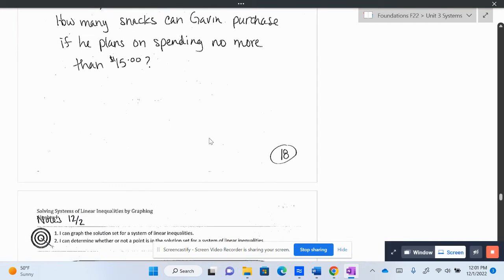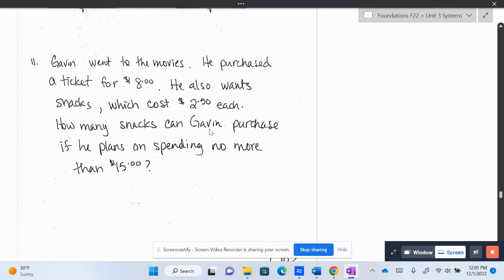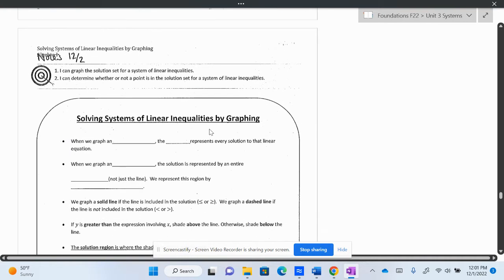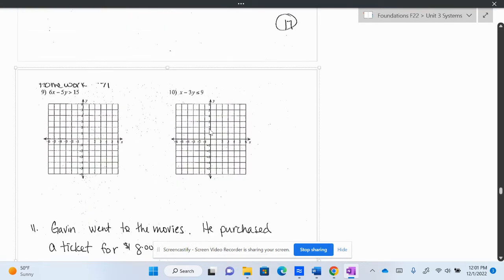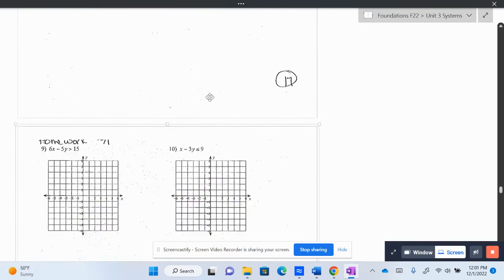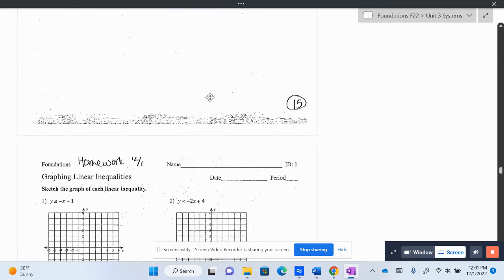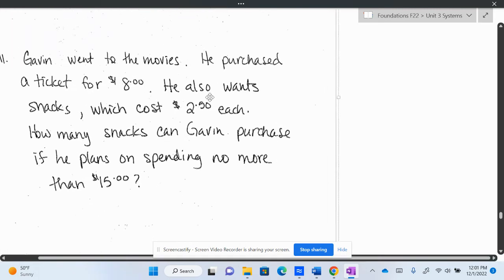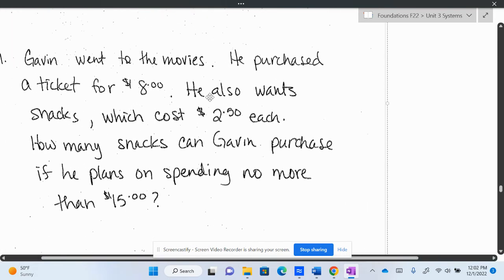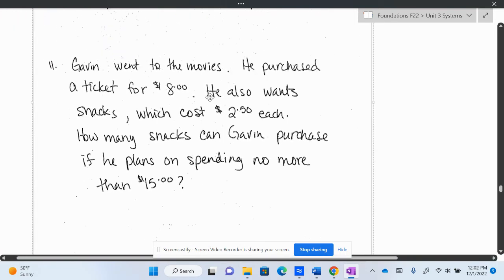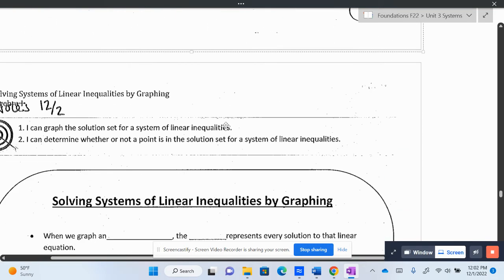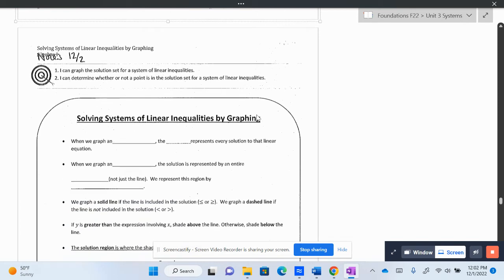Which one is it? Okay. So you guys are going to do all of the graphing, but I'll do the word problem with you. Is that okay? All right. No, I'm not going to do number 10 as well. You're pushing your luck. Okay, that's fine. Do you want to do that?